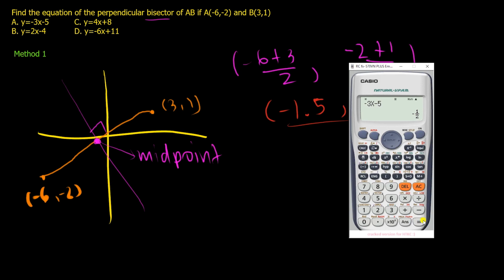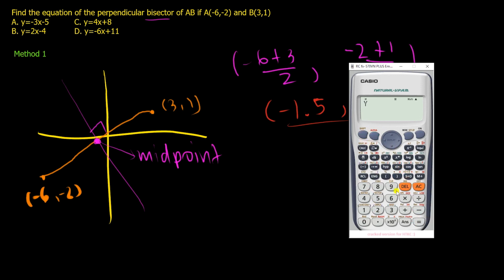Therefore, A is possible. Next, try letter B, y colon 2x minus 4, with negative 1 half, negative 7. Therefore, B is not correct. Try letter C.